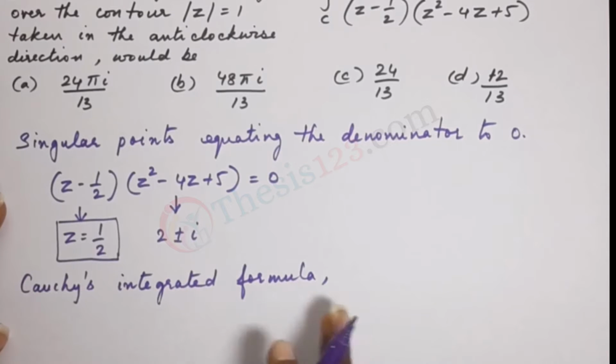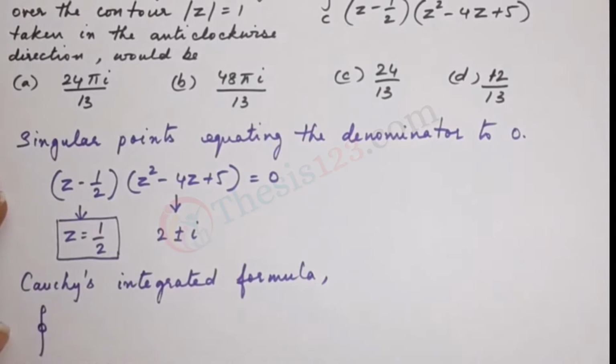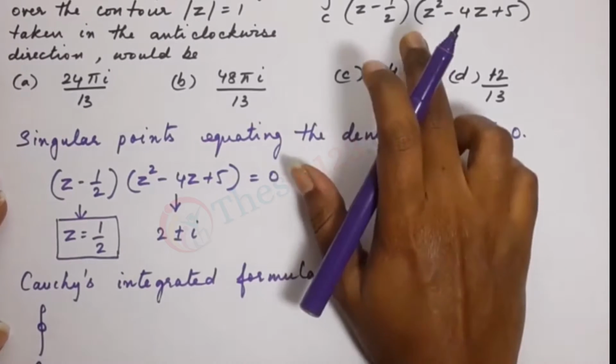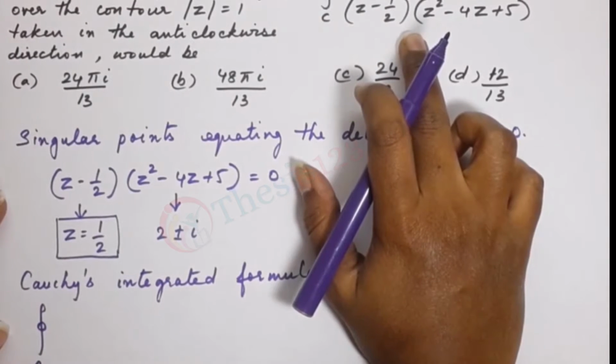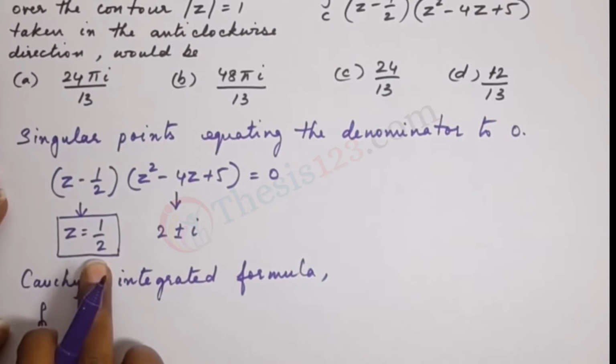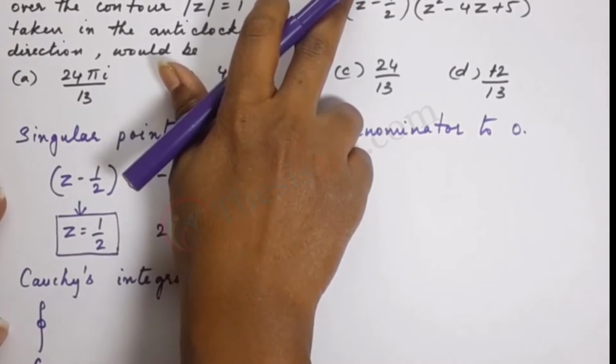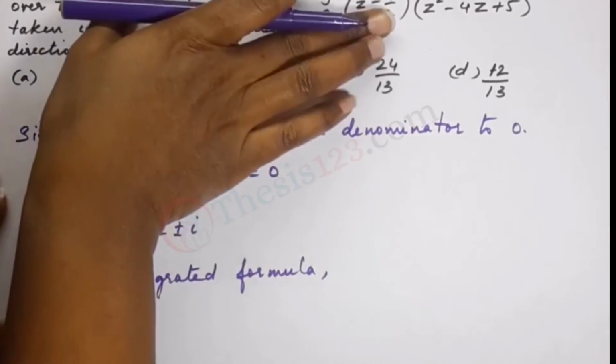Formula. Okay. So in order to use this, what we are going to do is find the value of the integral by substituting the singular point that we have chosen, z is equal to 1 by 2, into the part of the function that is remaining, apart from this.